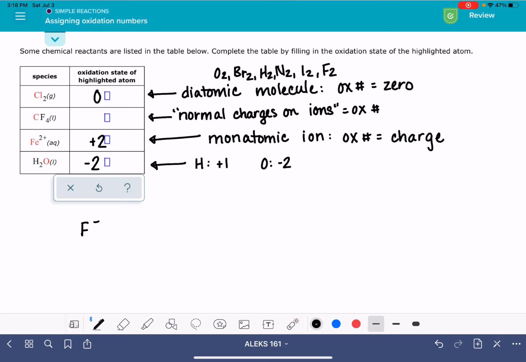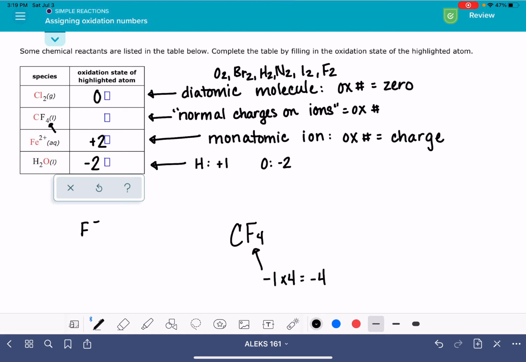So we're going to base this oxidation number calculation on the idea, I'm actually going to write it down here, CF4. We're going to base it on the idea that the fluorine atom in this molecule has an oxidation number of -1 because that would be the normal charge on fluorine if it were an ion. We've got 4 of those fluorines in this molecule, so altogether that's a -4 charge.